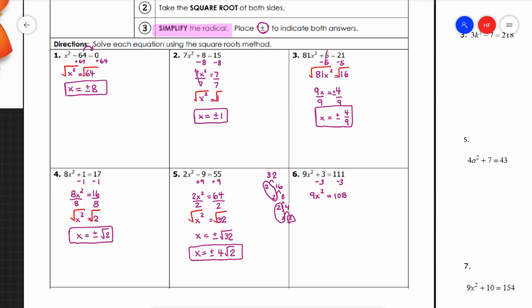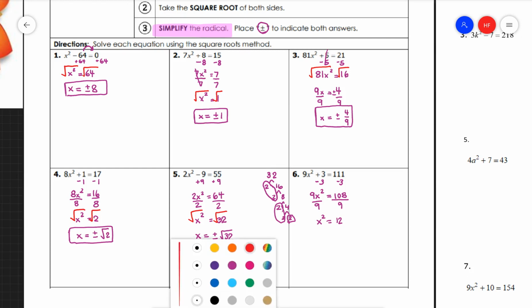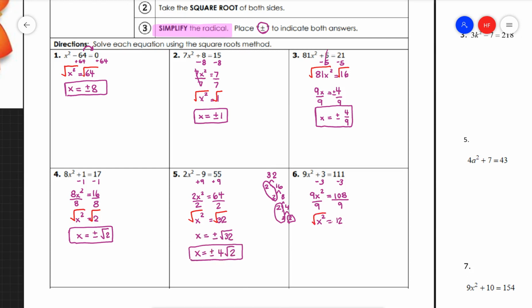We get 12. So x squared equals 12. And then we do have to take the square root of both sides. X equals plus or minus the square root of 12.